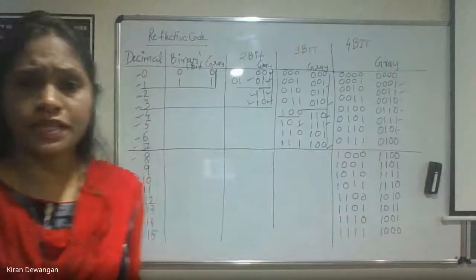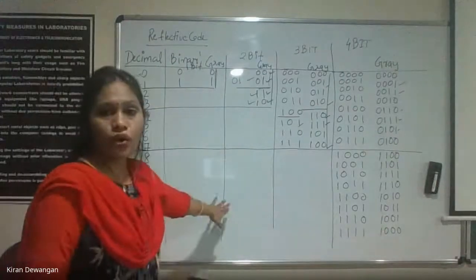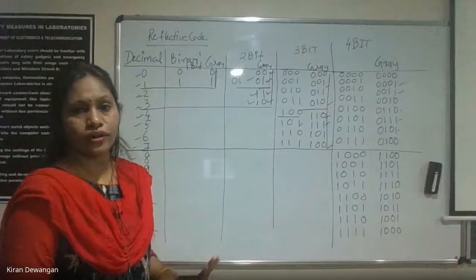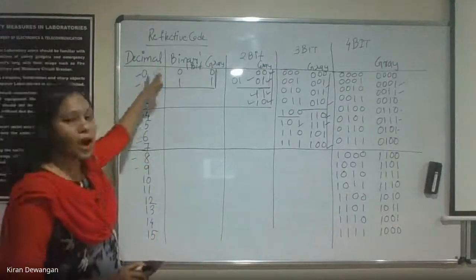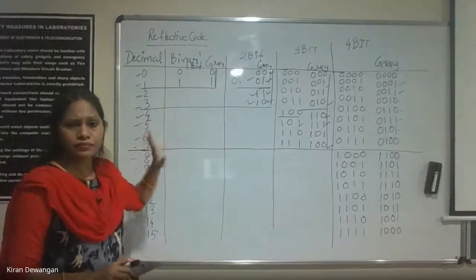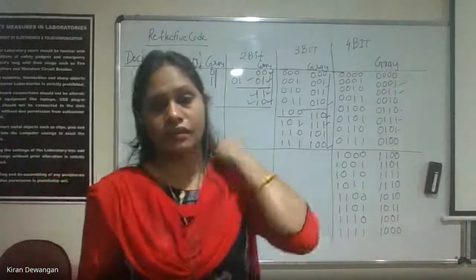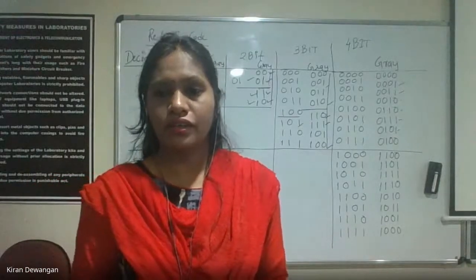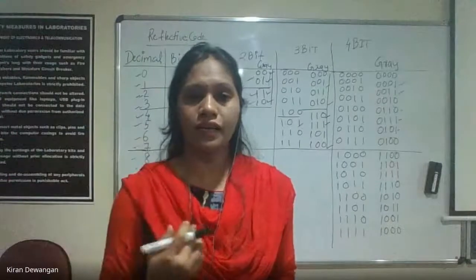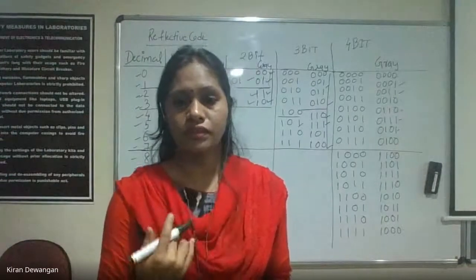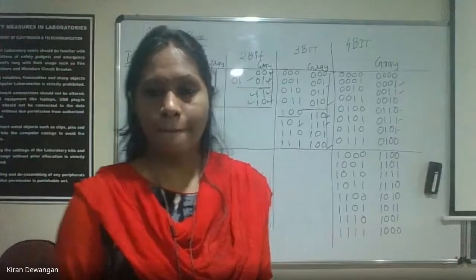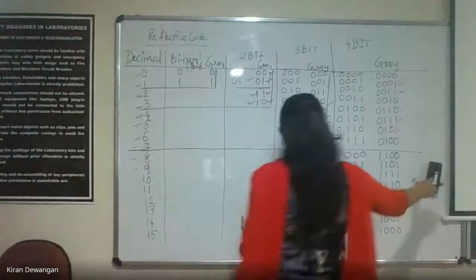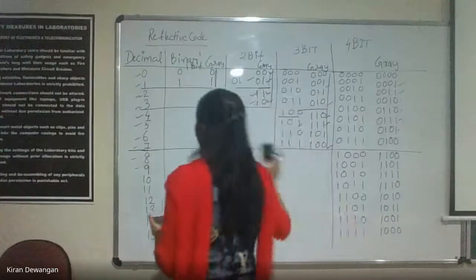Is all the concept clear, everyone? This is how we'll be getting all our code, by the reflection of upside to down. Is the reflection concept clear or not? Everyone just reply if it is clear. I'll proceed further. Clear for everyone, right? Okay.